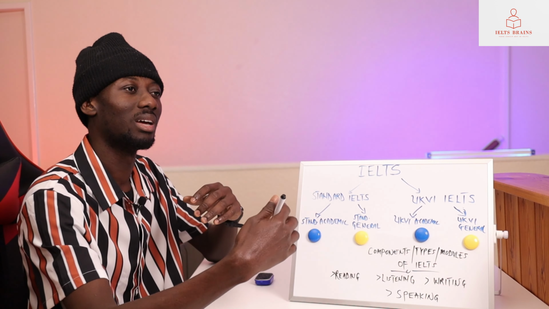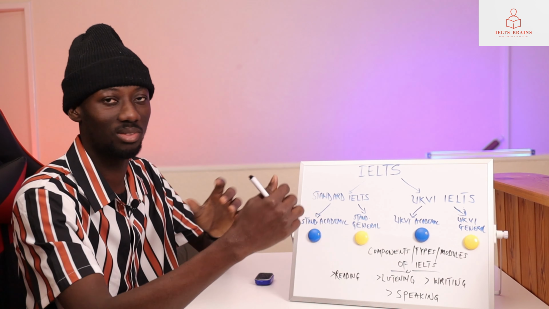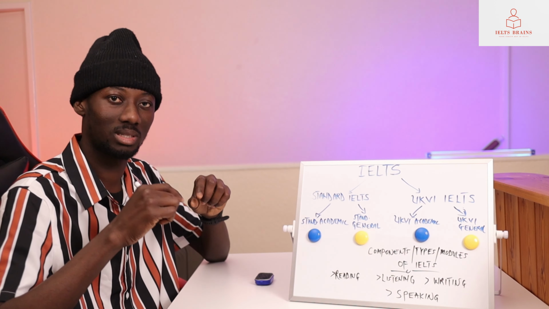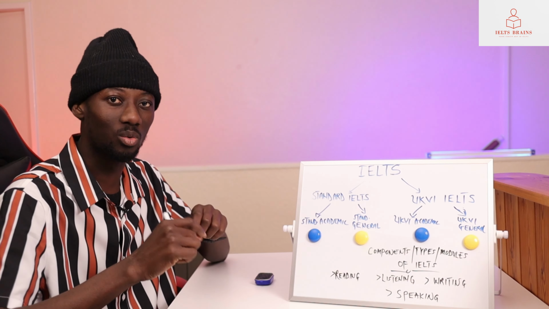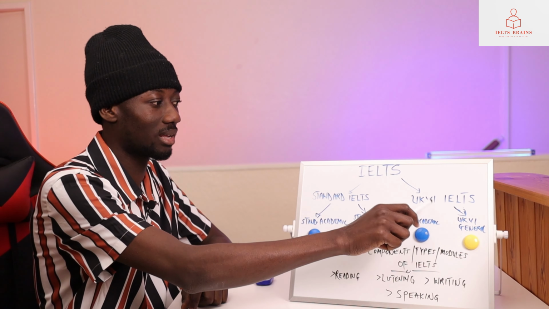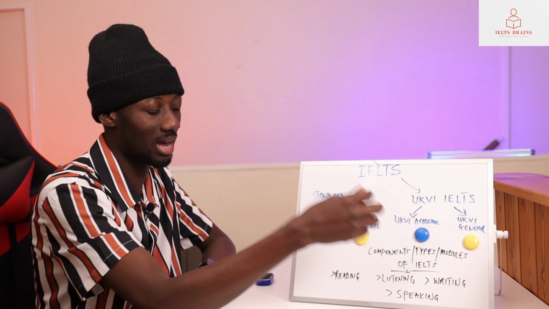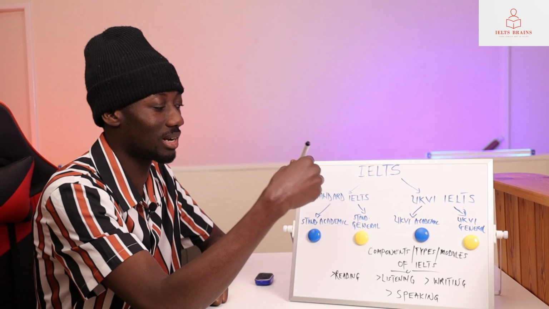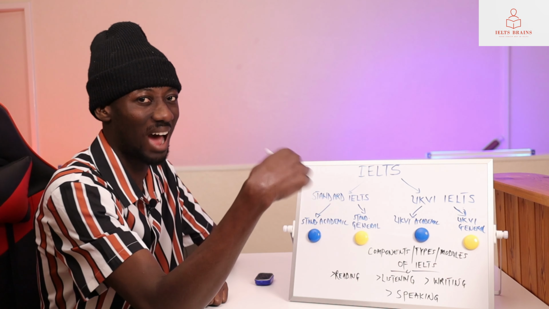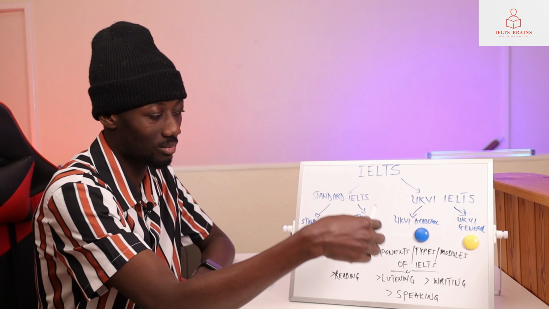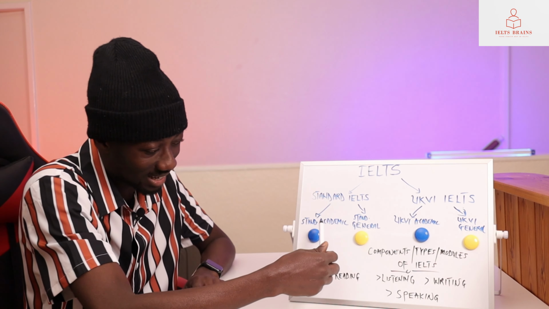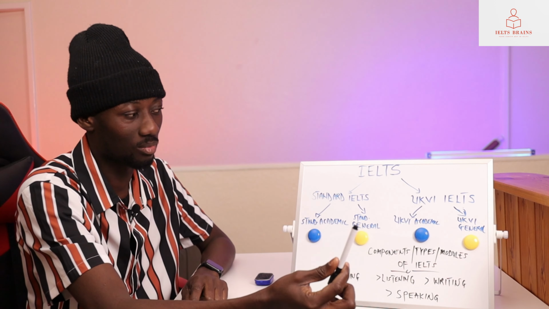But regardless of whether you are going to write the standard IELTS or the UKVI, we still have two other categories of IELTS, which are the IELTS Academic and the IELTS General.